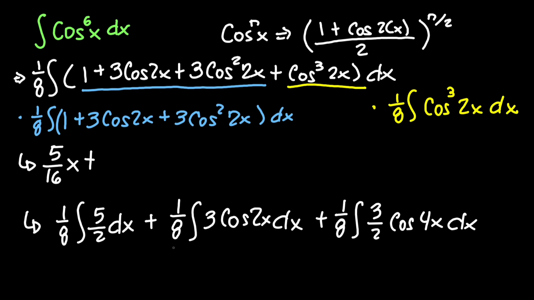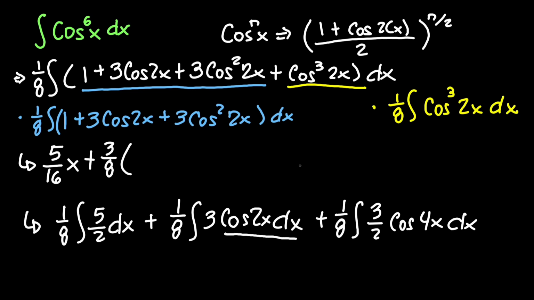Let us focus on this second part, which is 1/8 integral of 3 cosine 2x dx. We can first put 3 outside the integral, so this would be 3 over 8 multiplied by the integral of cosine 2x dx.